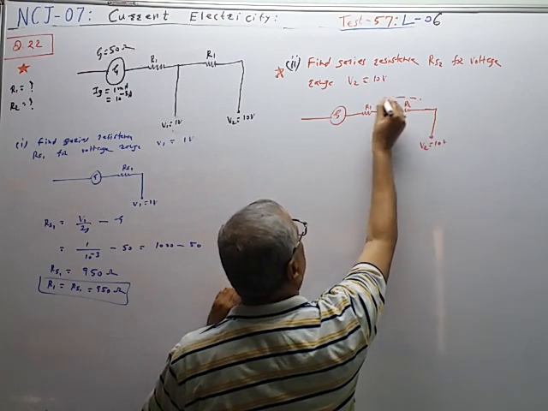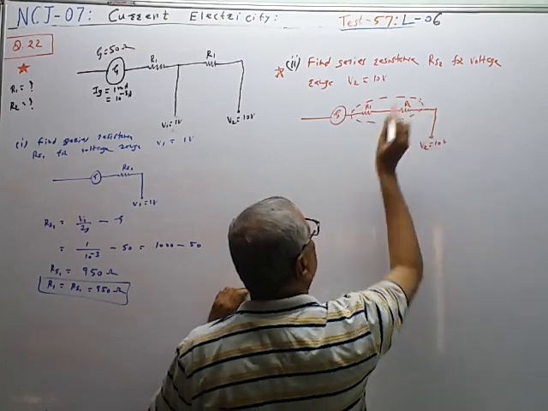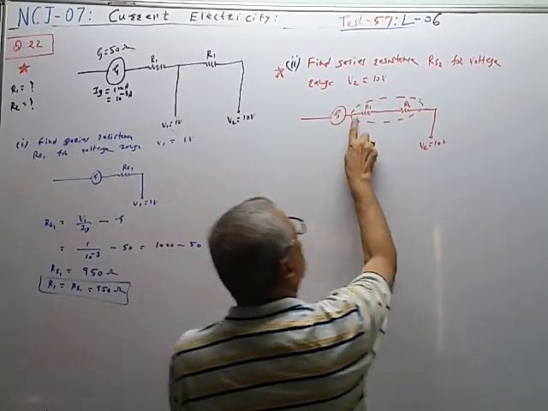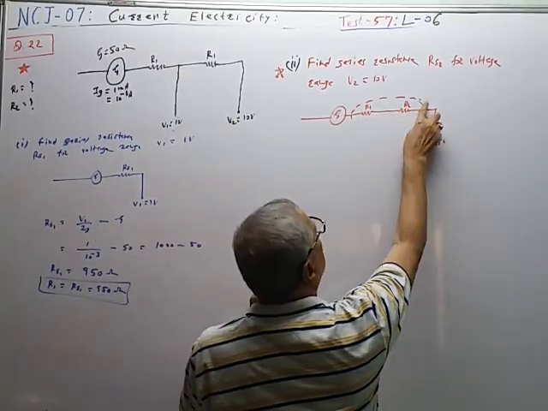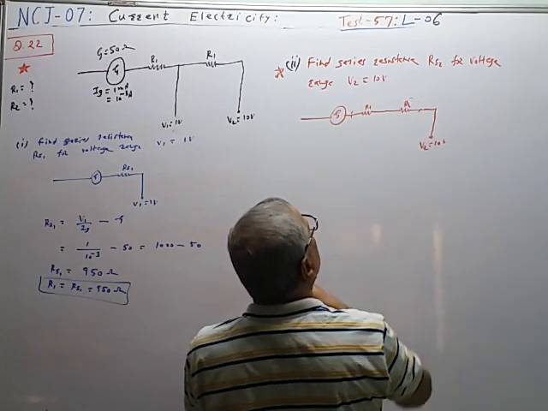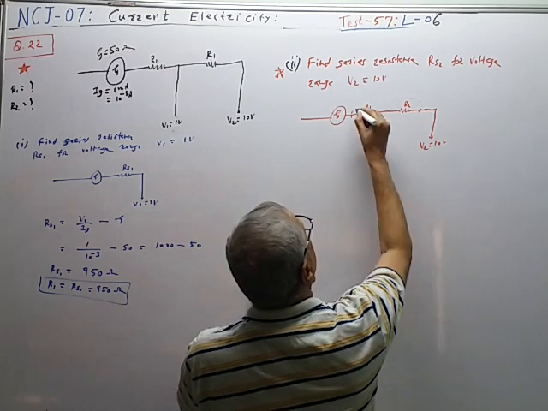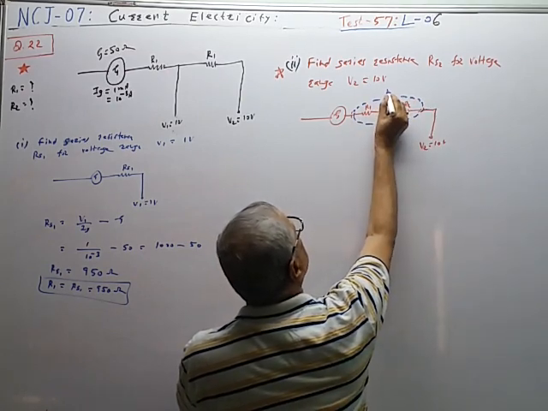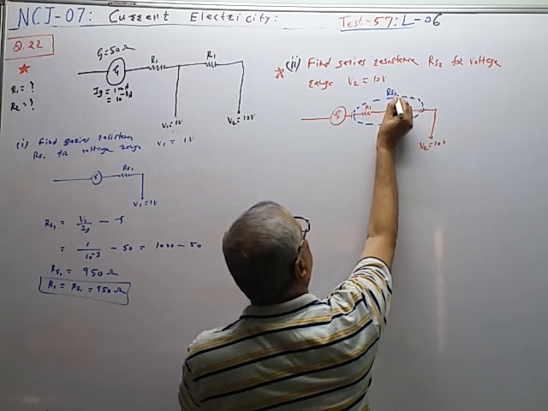So this total resistance combination has resistance RS2.